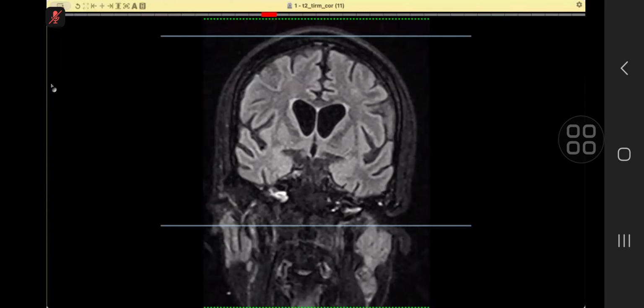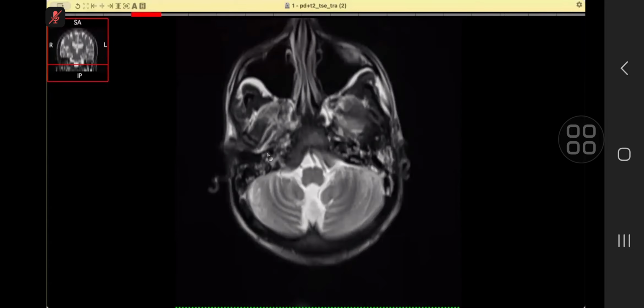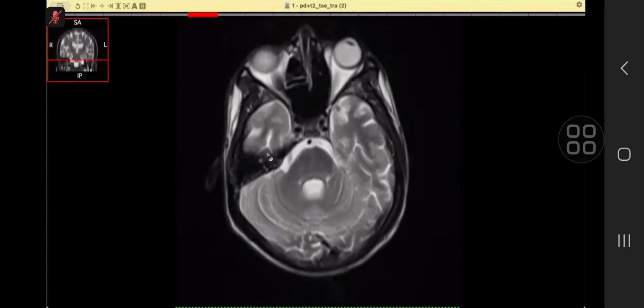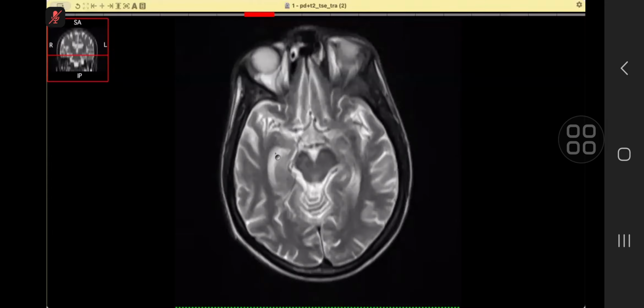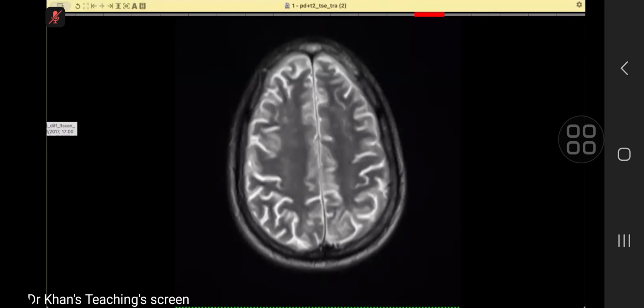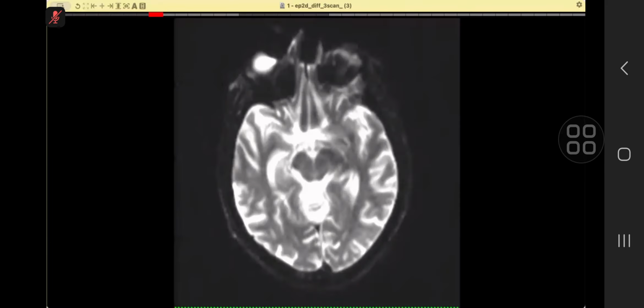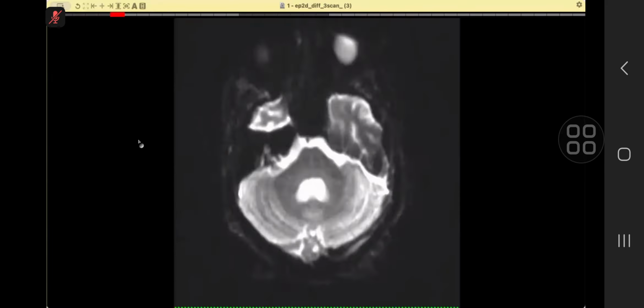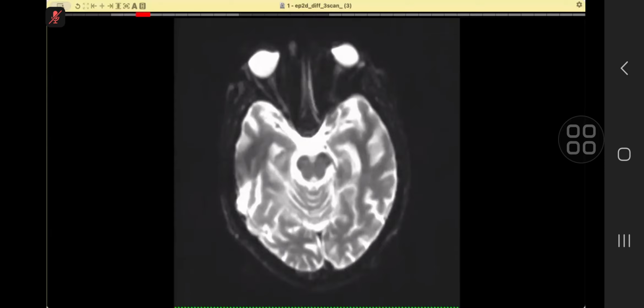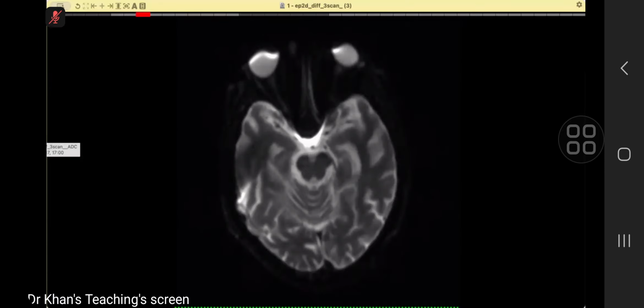So atrophy is one of the things which happens in sickle cell. Even here, you look at the temporal lobes, the temporal horns. On DWI, we could not convince ourselves that there is restricted diffusion, and that was because of the age of the infarct.